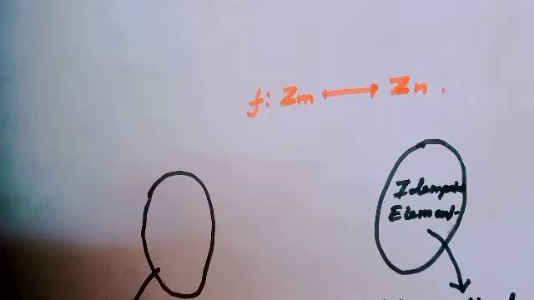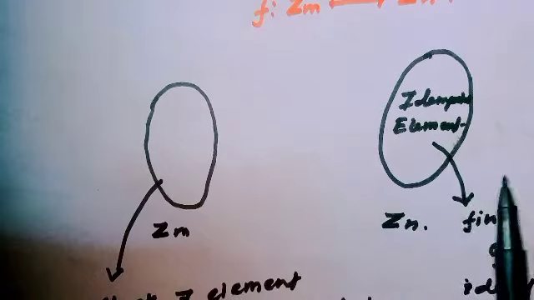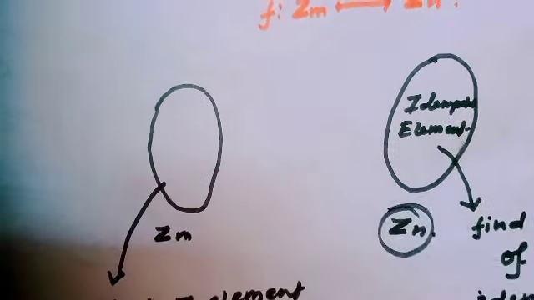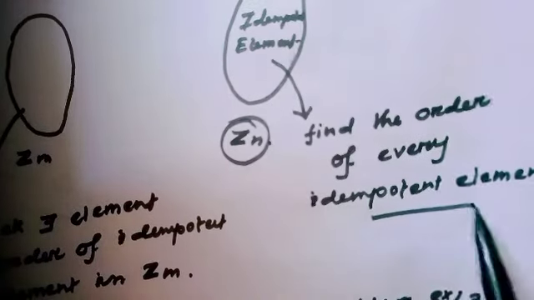Oh well. That means the actual idea to find ring homomorphisms from Zm to Zn is, see the picture. At first we have to find the idempotent elements in Zn. Then find the order of every idempotent element.